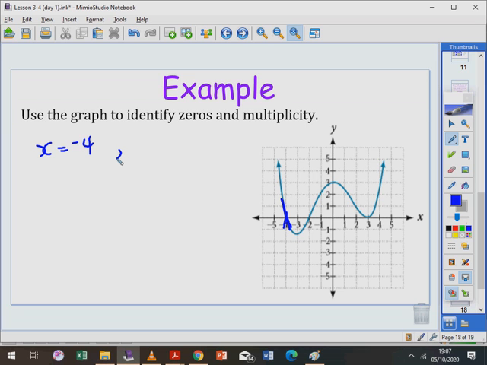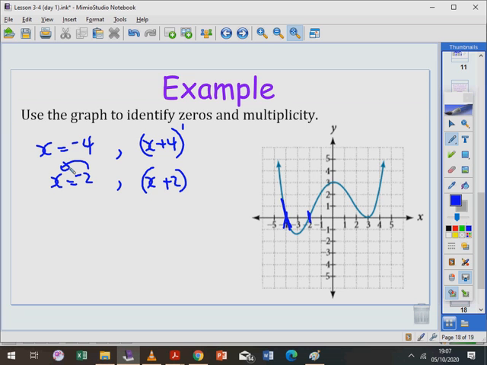So this factor would be x plus 4 to the power 1. I can see that the graph also crosses right here at x equals -2. That factor will be x plus 2, because again the 2 goes over there to make a factor.